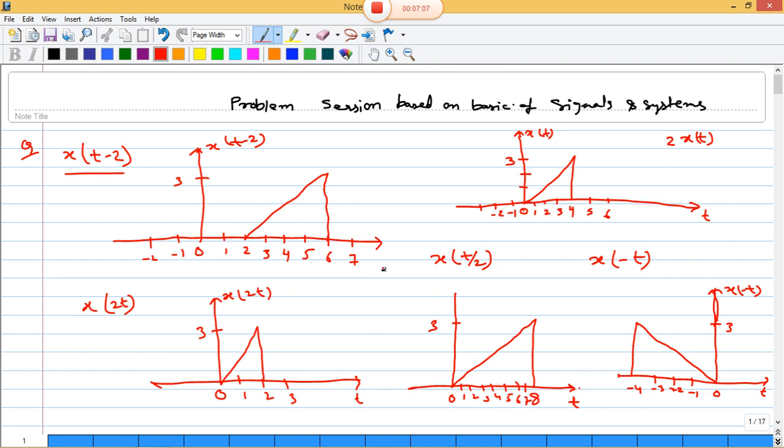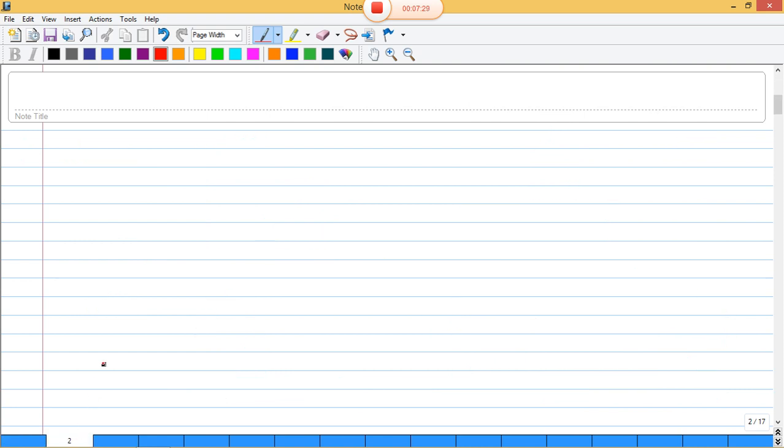So this one example shows how we can draw any continuous time signal using the original one, or convert it in shape or position.